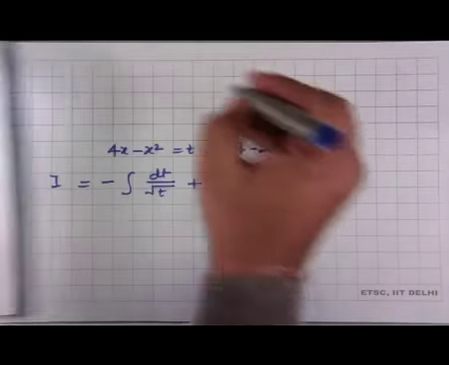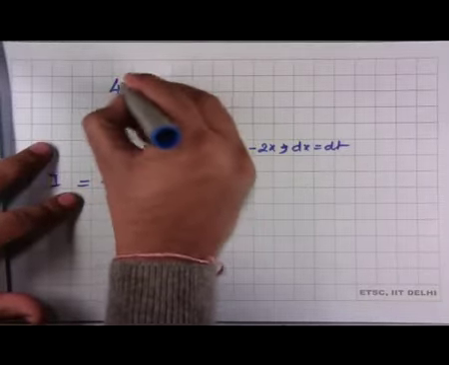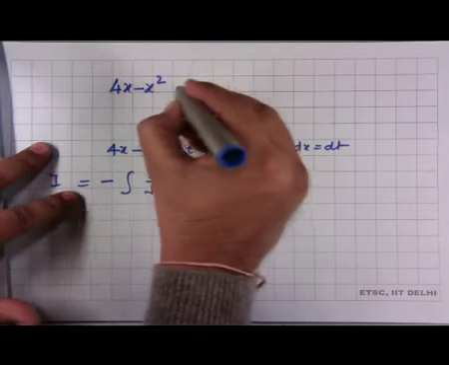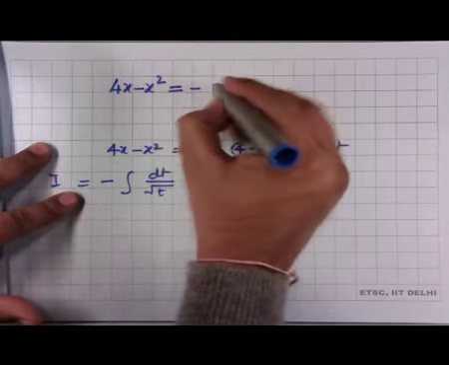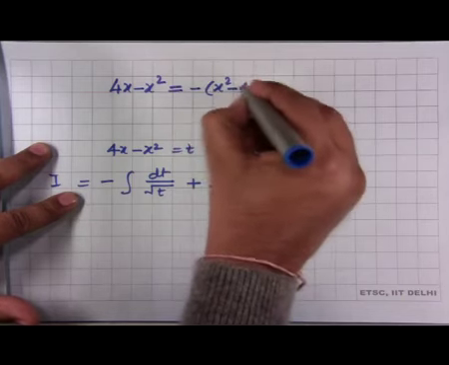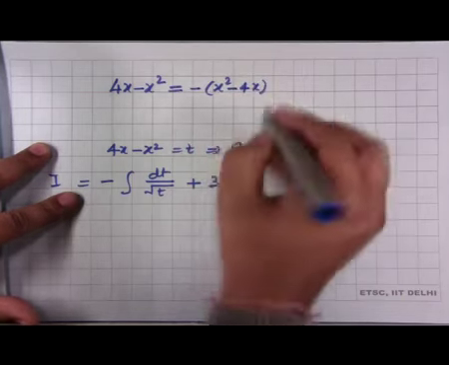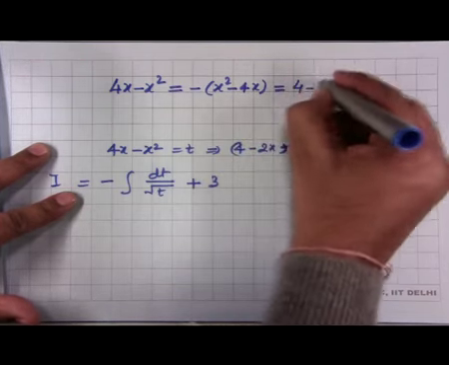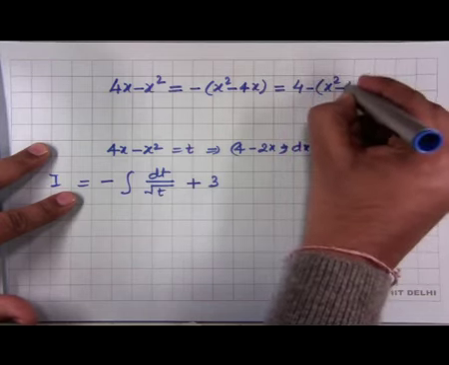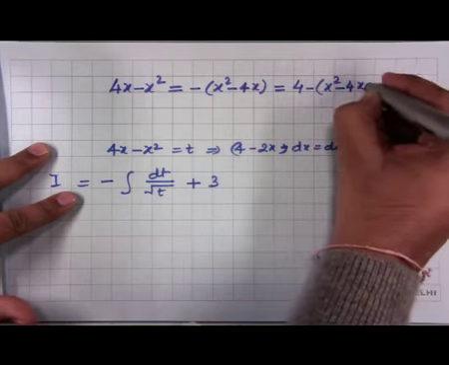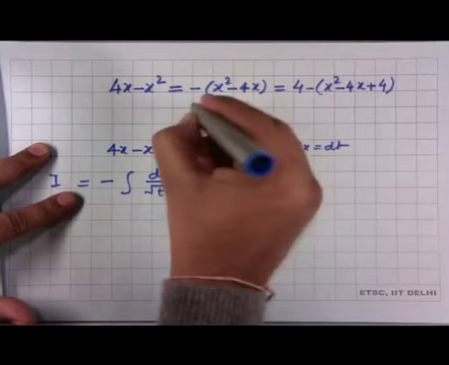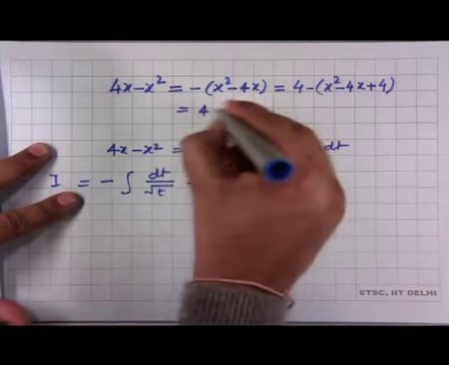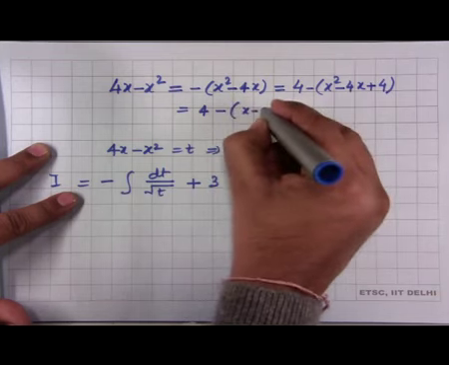You can easily see that I can write 4x minus x square as minus of x square minus 4x, which I can further write as 4 minus x square minus 4x plus 4, which makes it 4 minus x minus 2 whole square.